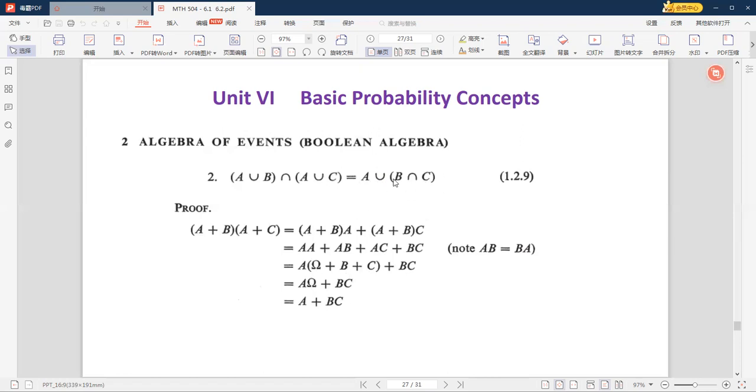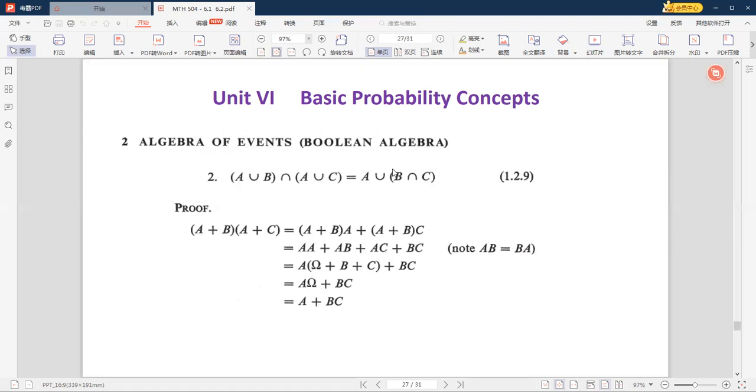If you rewrite back into union and intersection of sets, remember, you have to put a parenthesis here. That's the one thing you have to be very careful about, because multiplication has priority over addition.